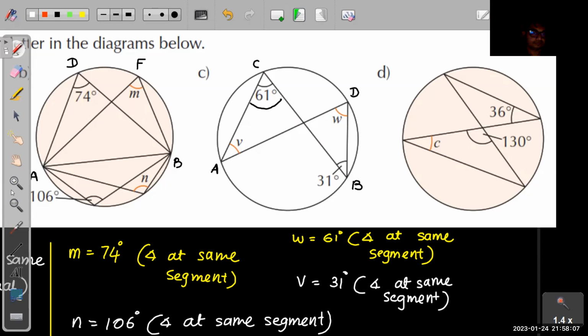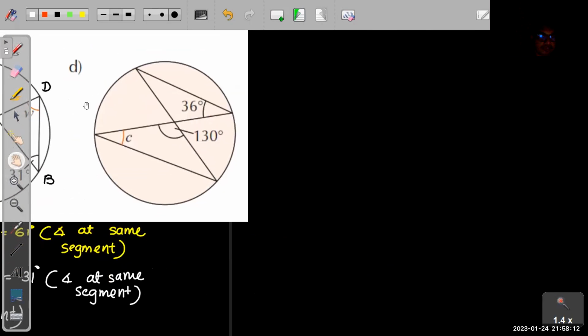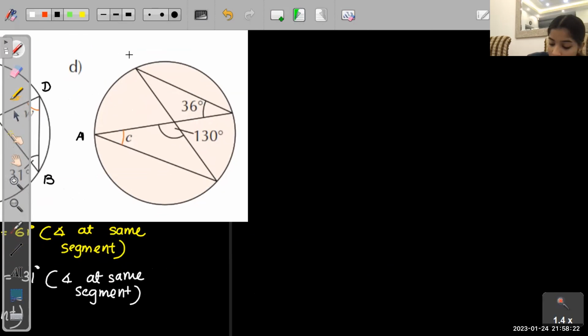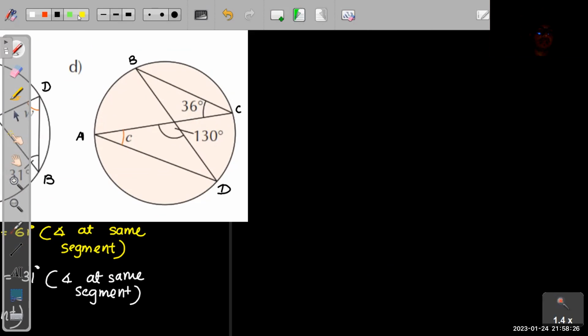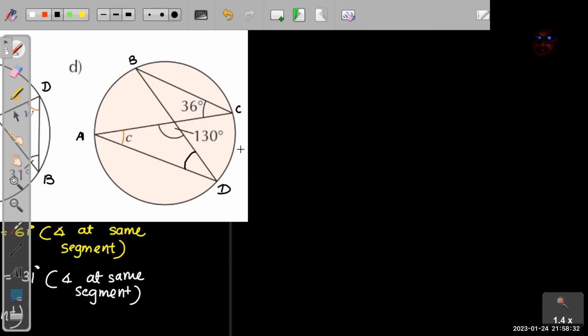Next one. What do you think? We need to figure this out carefully. We're trying to find C. What can you tell about this angle?